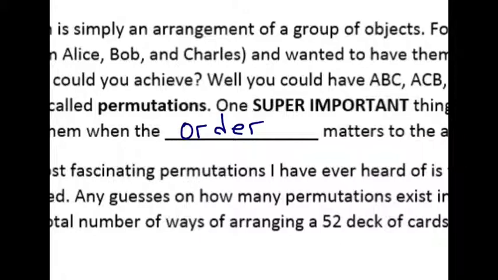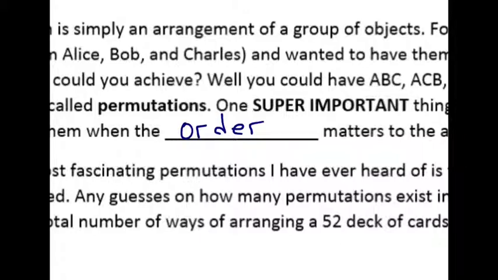To give you an example, say you're being dealt a 5-card hand out of a deck of 52 cards. How many different hands could you be given? Well, the order in which those cards are handed to you doesn't matter. If you get ace, 2, 3, 4 of spades, that's the same thing as getting 4 of spades and then ace of spades and then 2, 3.